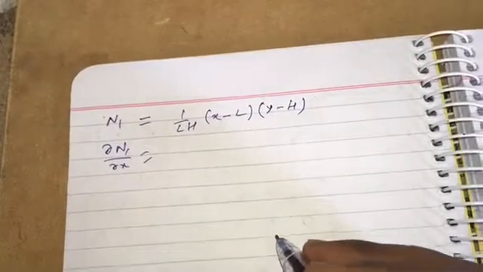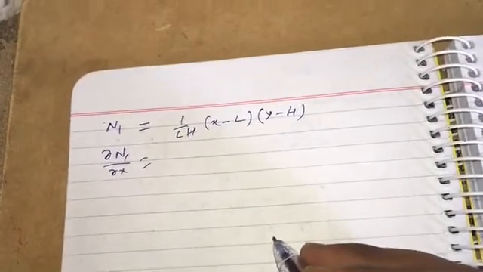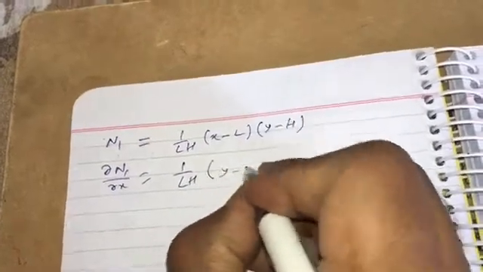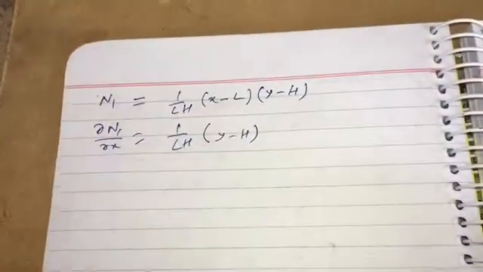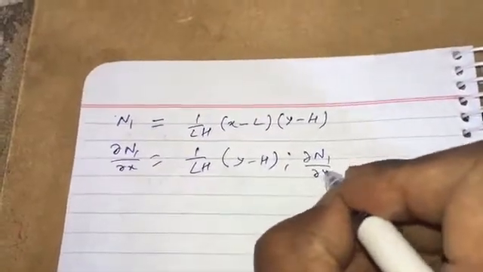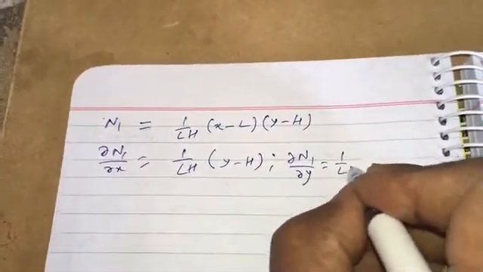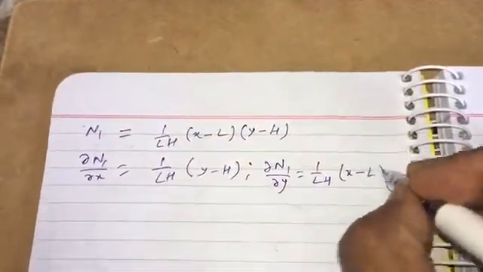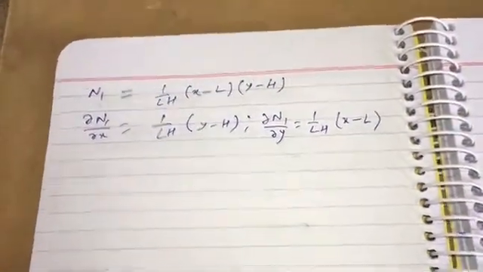So we can write it very easily, and you get 1 over LH times y minus h, and similarly del n1 del y is equal to 1 over LH times x minus L. Okay.